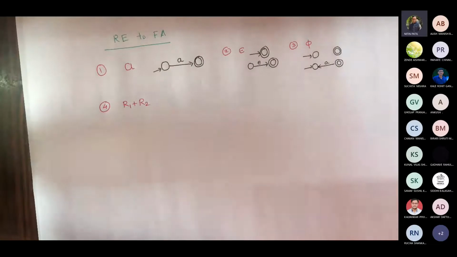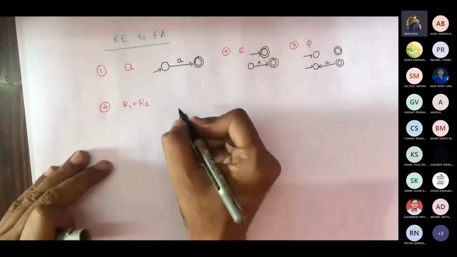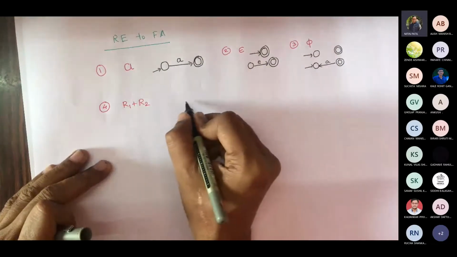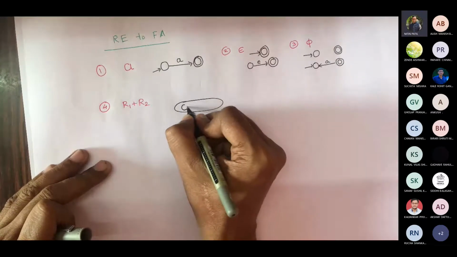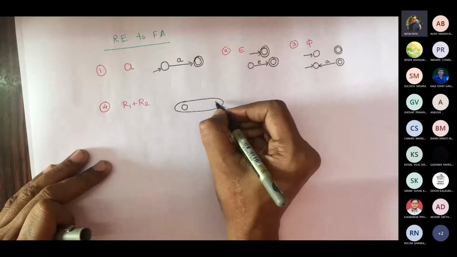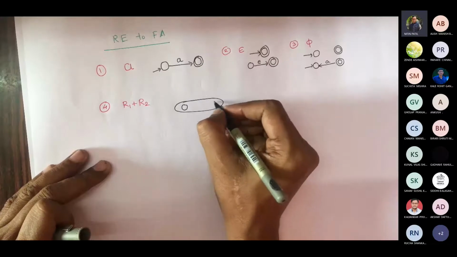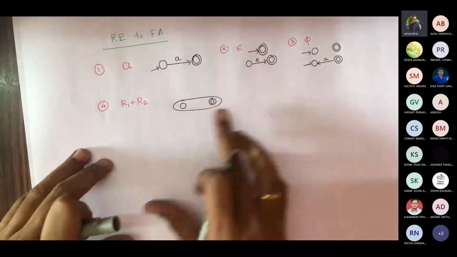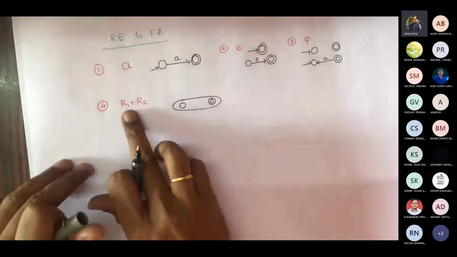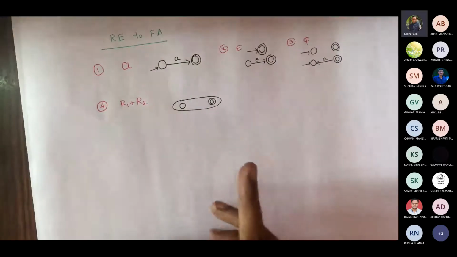Am I right? So let us assume this is my Ri, the initial state of R1 or Ri, and this is the final state of R2 or Rj. Let me take R1, R2 right now.